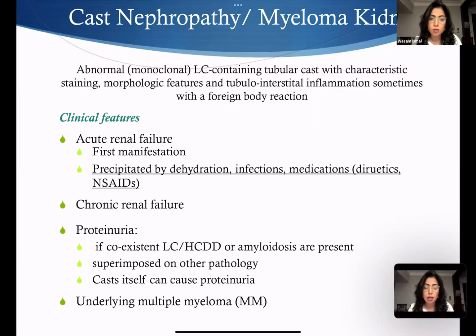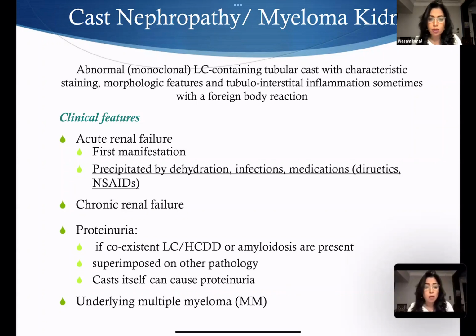Patients present with acute renal failure as a first manifestation. Usually this renal failure is precipitated by dehydration, infections, and very important, by medications, diuretics and non-steroidals. So this is your classic patient who comes with a history of non-steroidals and all of a sudden acute renal failure. And you have to consider in these patients that it could be light chain cast nephropathy rather than an acute tubular injury from the non-steroidals.